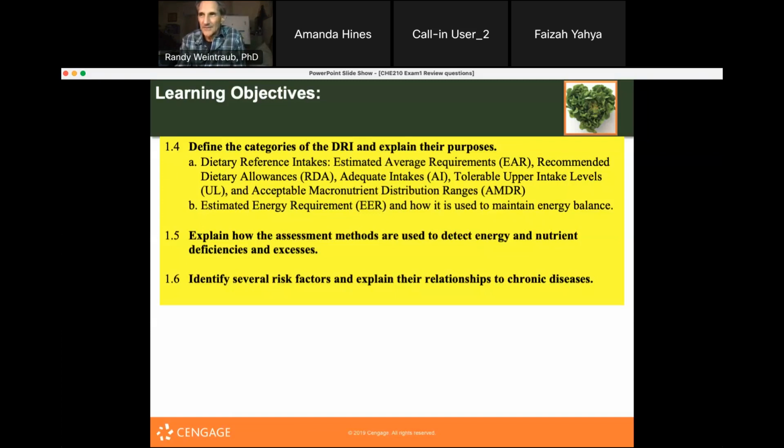Assessment methods. How do we assess nutrition? State deficiencies and excesses. Identify risk factors, explain relationships to chronic diseases.